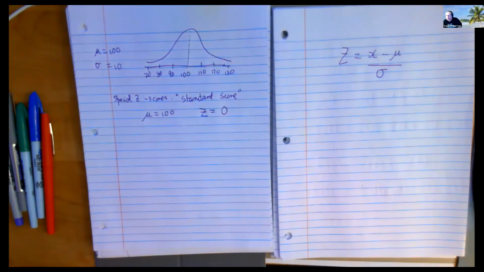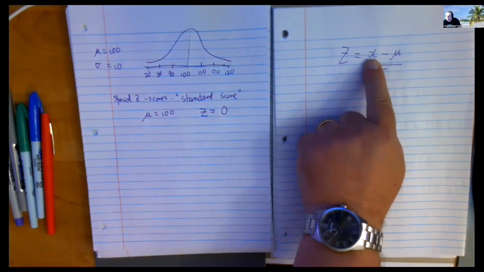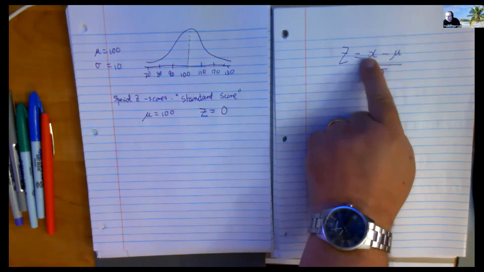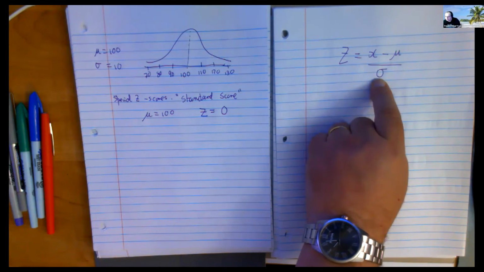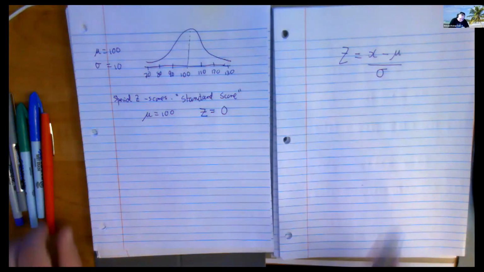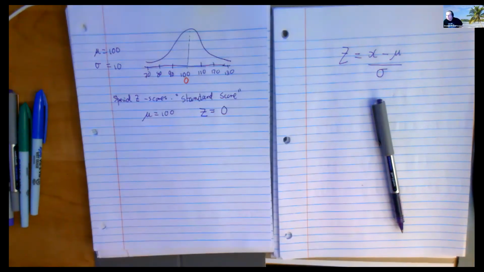In fact, won't the z-score for the mean of any distribution be 0? Because won't this number, your score, be the same number as the mean? And if you take two numbers that are the same, you get 0, right? And 0 divided by who cares is still 0. So that makes this guy 0.